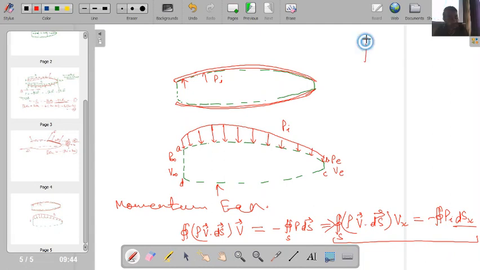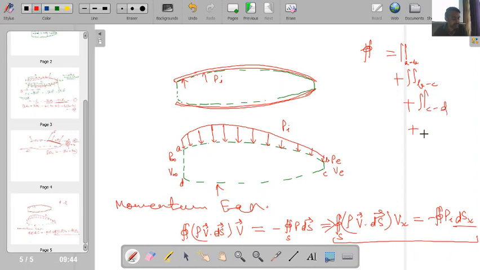I can divide this cyclic surface integral into the surface integral for AB plus the surface integral for BC plus the surface integral for CD plus the surface integral for AD. Like this I can divide this closed integral.